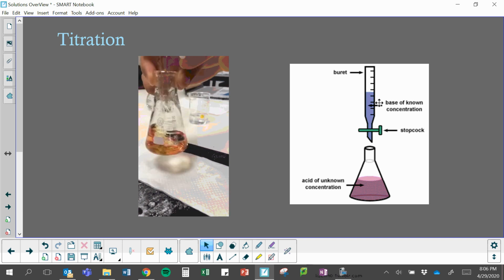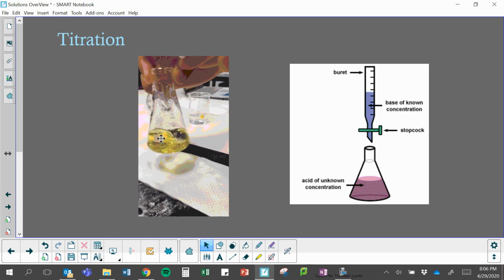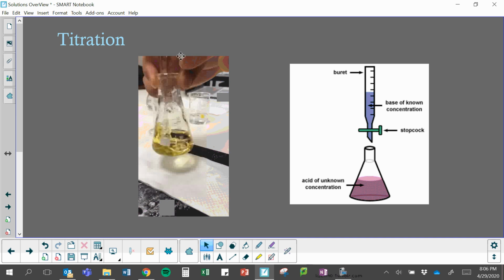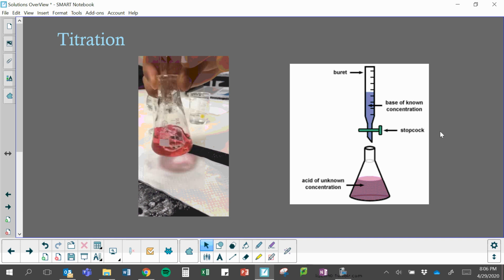So we have a known concentration of base and an unknown amount of acid. And what we would do is add a pH indicator to our solution, something that's going to change color when it reaches a certain pH. And you have something called a stopcock, which is like a little turn thing. You can kind of see it up here in this image, but it's going to allow you to only add 1 drop at a time to your solution.